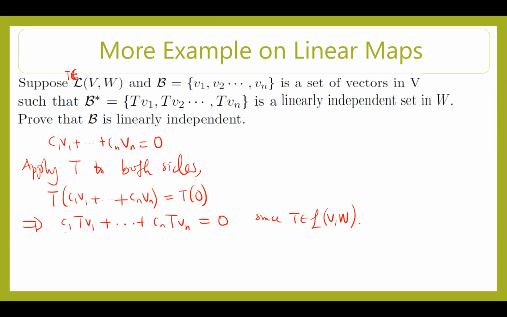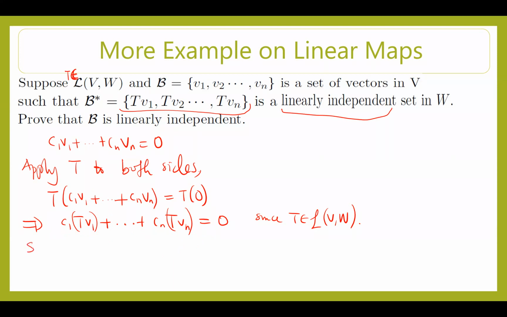Can you recognize this? This is a linear combination, so take these as some vectors. This is a linear combination of the vectors from B star. But we know that B star is a linearly independent set in W. You have a linearly independent set, you take the linear combination equal to 0, then all the C's have to be 0.